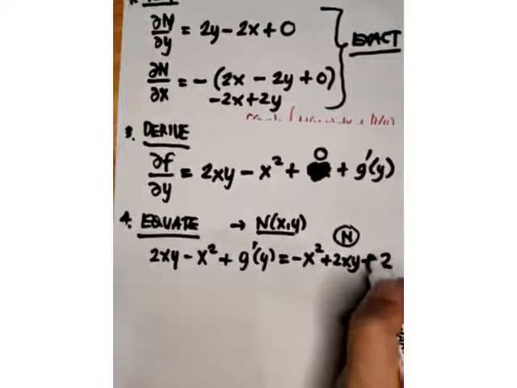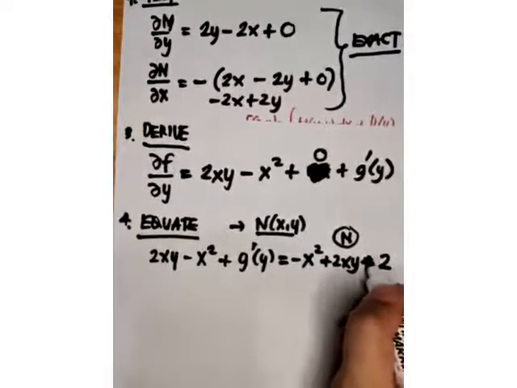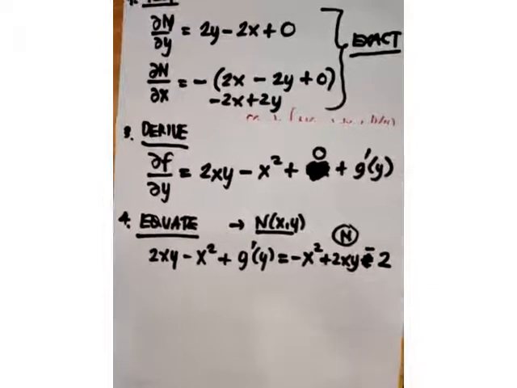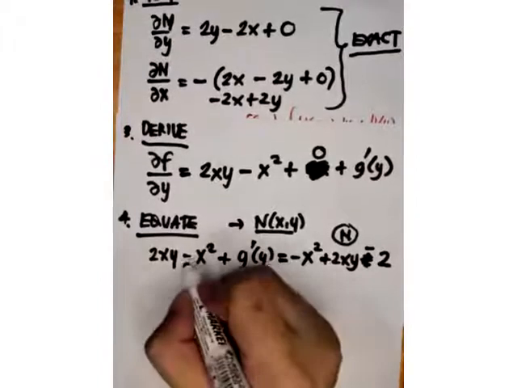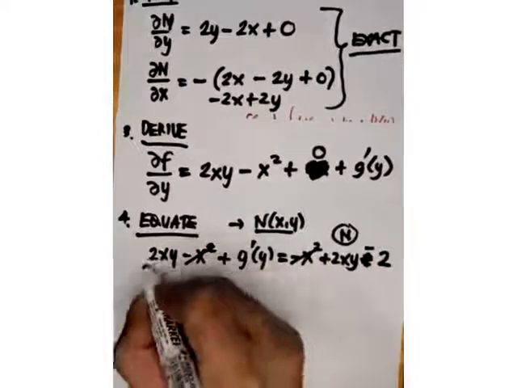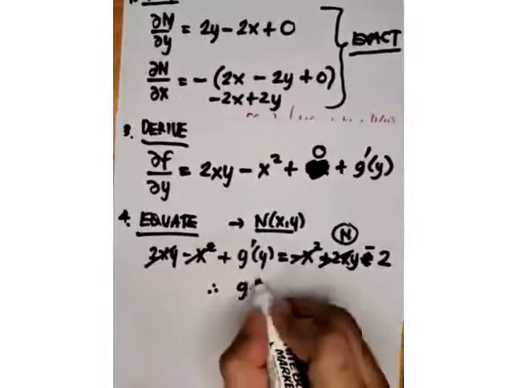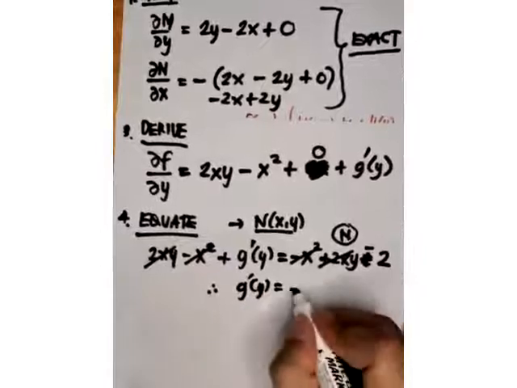Negative 2, sorry. Ayan. Negative 2. Then, sinecheck ko lang kung at least alam ko, you're there with me. Okay? Tama ba? Nakuha nyo? And then we'll try to simplify. So, x squared cancel. 2xy cancel. So, therefore, g of y prime is equal to negative 2.